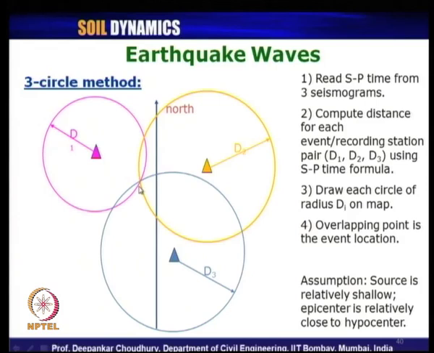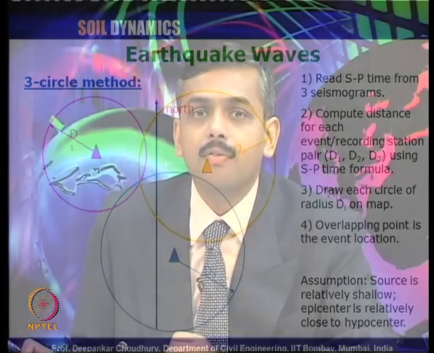Many a time it will happen that we may not get an exact overlap at a particular point, but we will fairly get a good idea of the common zone, the interface zone of these 3 circles, a very small common zone. If it boils down to a point, then obviously we got the exact location. If not, at least we get some idea of where the earthquake has occurred.